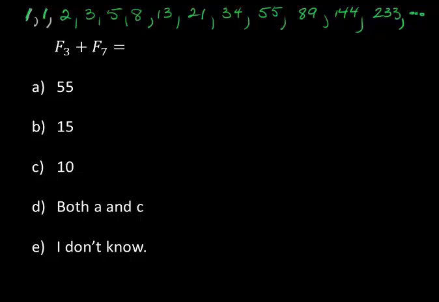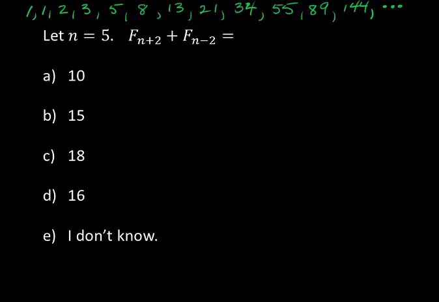F3, that is the third Fibonacci, which is 2, counting over, plus F sub 7, the seventh Fibonacci, would be 13. So 2 plus 13 is 15, and I find that part B is true. I don't know how A and C could possibly be true. That answer doesn't make sense, but the answer is part B. It is equal to 15.